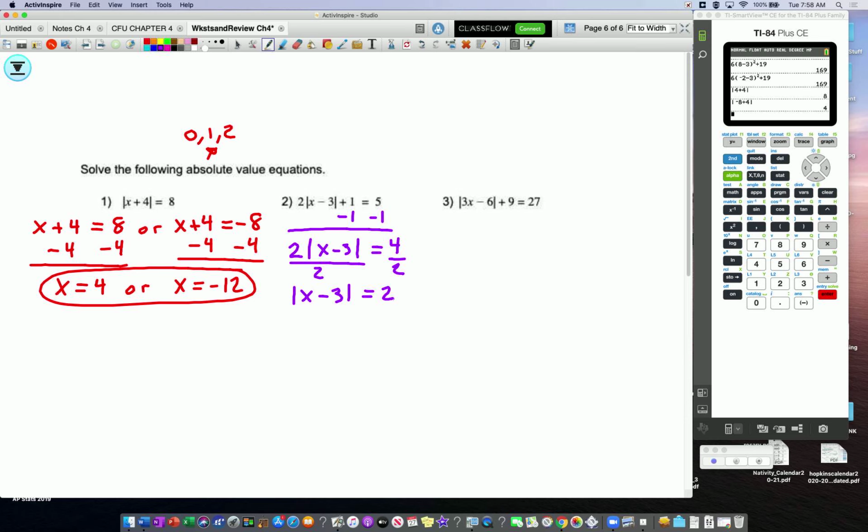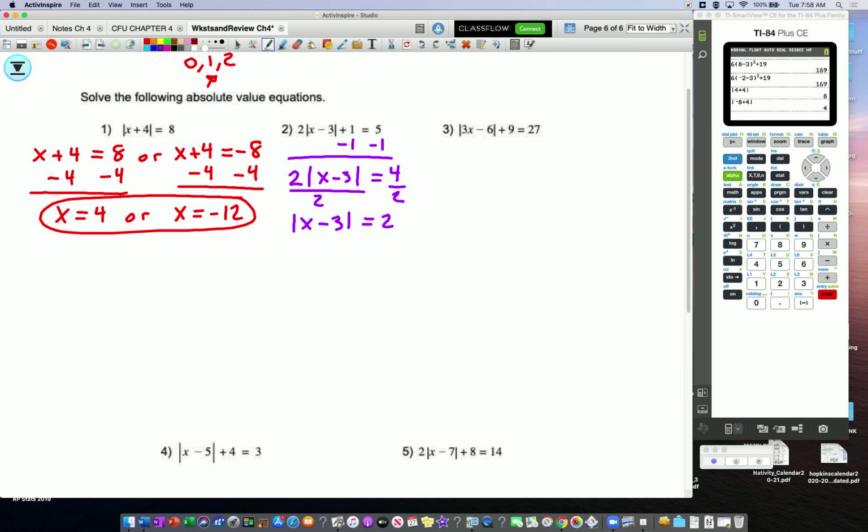What it's saying is x minus 3 is 2 units away from 0. So that means x minus 3 must be at 2, or x minus 3 must be located at negative 2. So solve each of these equations. I get x equals 5, or I get x equals 1.